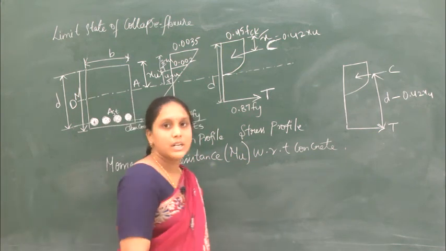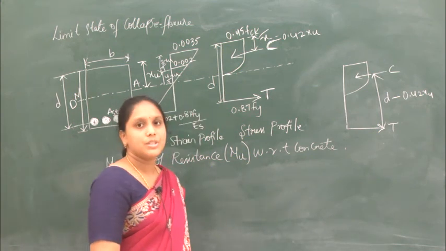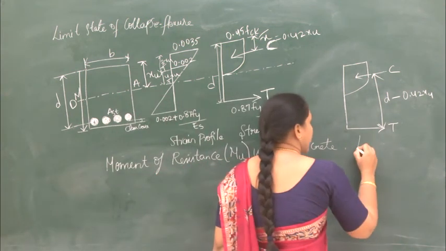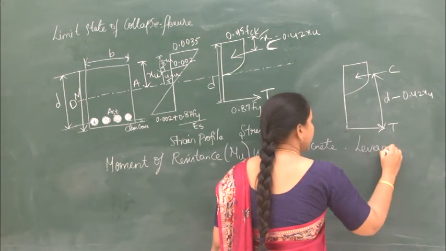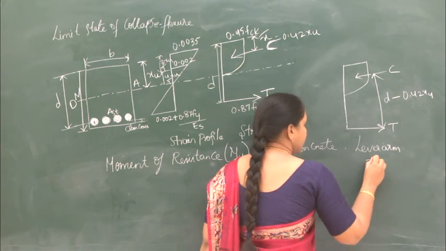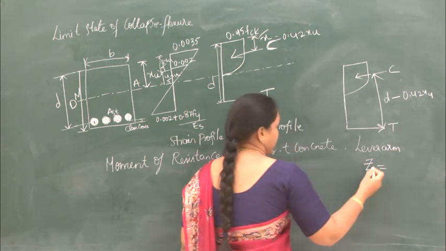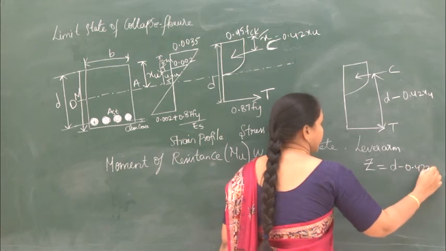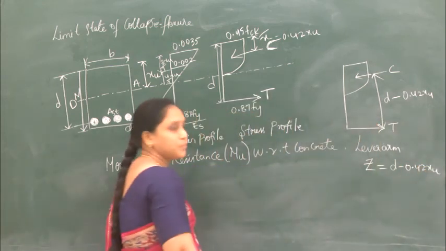That perpendicular distance is called the lever arm, denoted by Z. So Z is equal to D minus 0.42 XU.